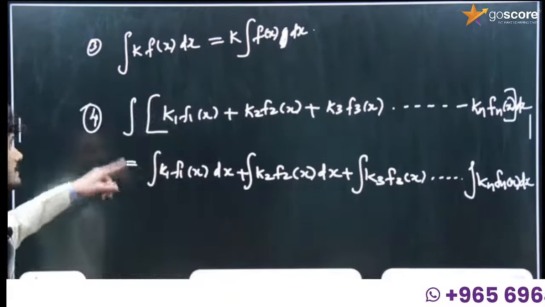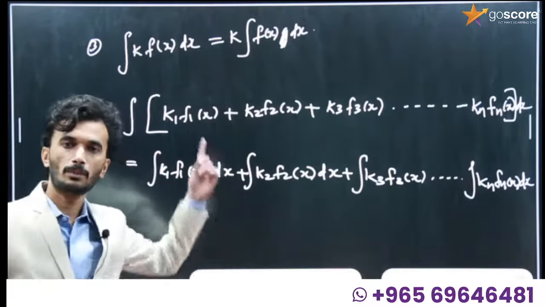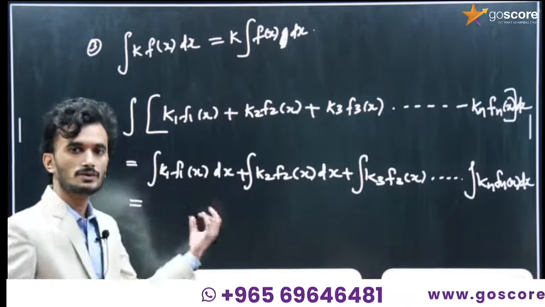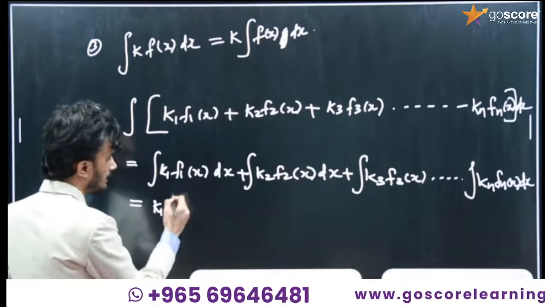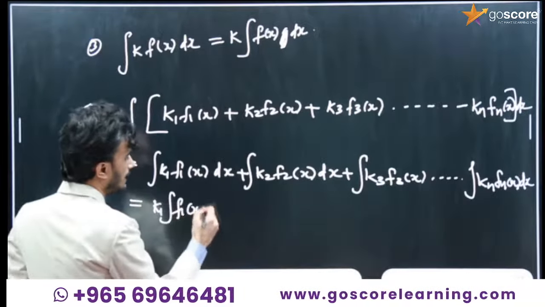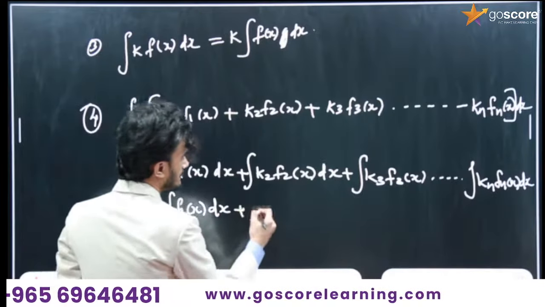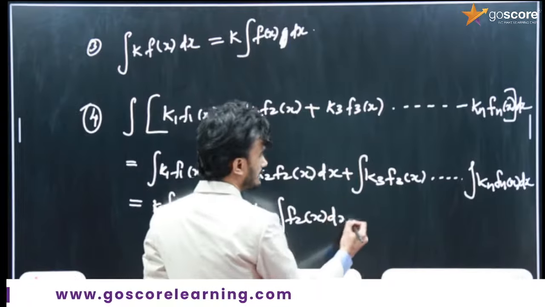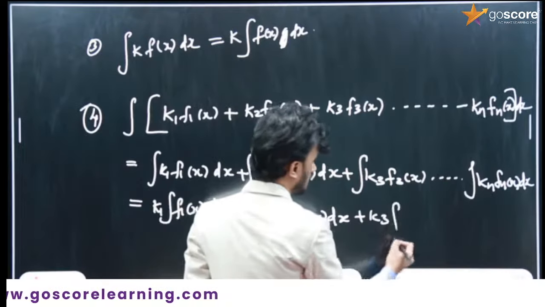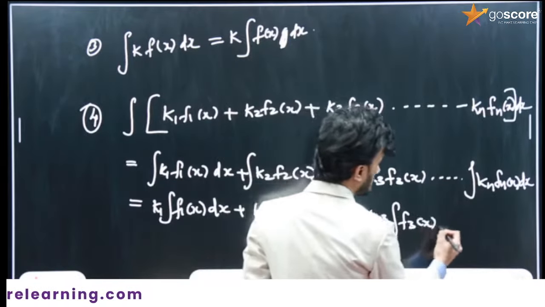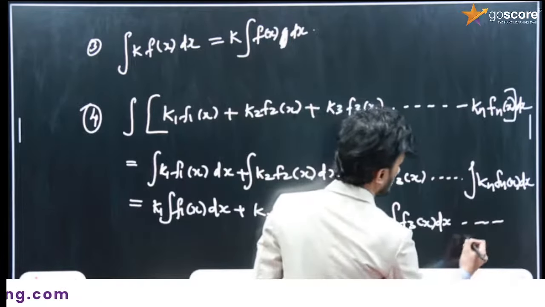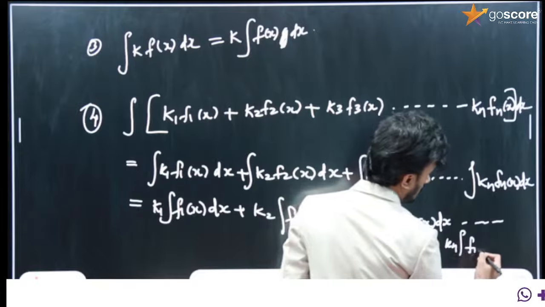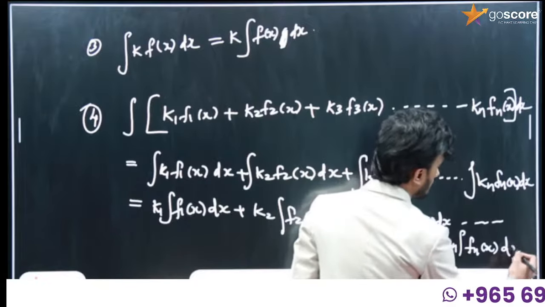So as discussed earlier, with property 3, we can take this constant outside of the integral. So k1 integral f1 of x dx plus k2 integral f2 of x dx plus k3 integral of f3 of x dx up to the last kn integral fn of x dx.